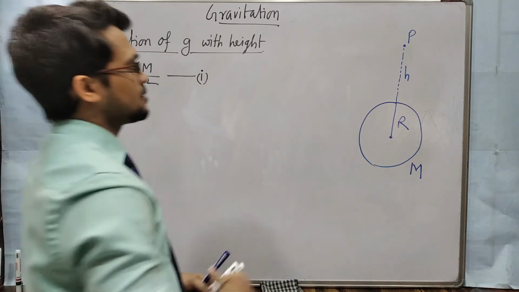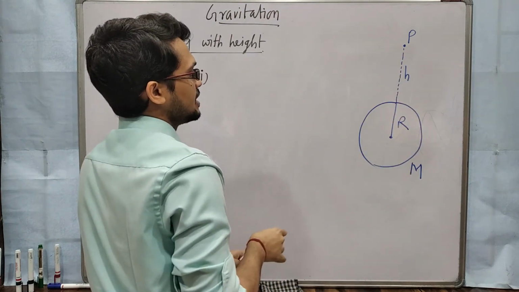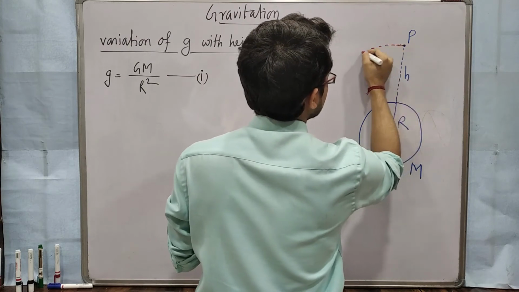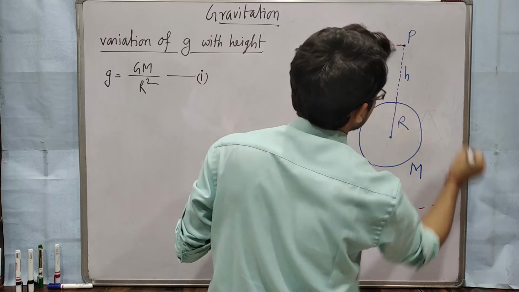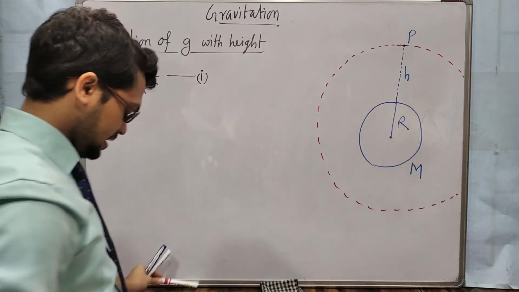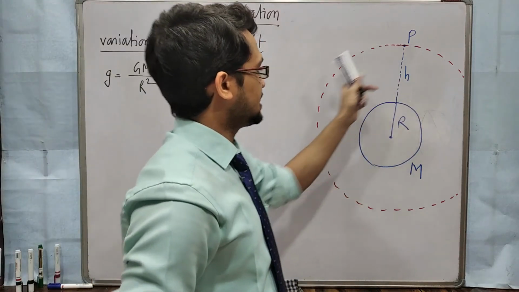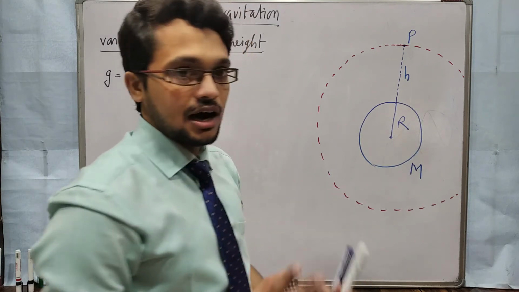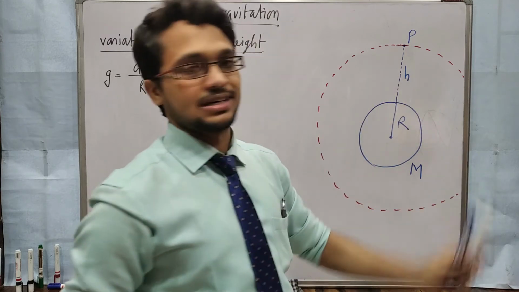Now for finding the gravitational acceleration at point P, you will draw a concentric sphere which is passing through this point P. This is the concentric sphere. Now look at this concentric dotted sphere and tell me how much mass is present inside this dotted sphere.